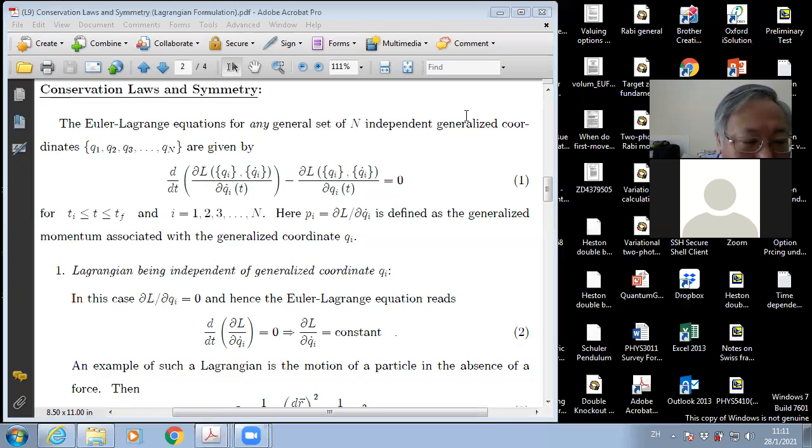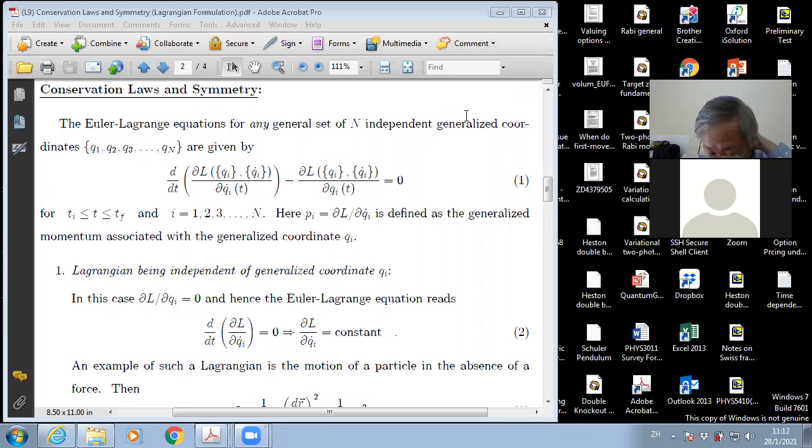So write down the Lagrangian in terms of kinetic energy and potential energy in Cartesian coordinates, and then we include all the constraints relating the different coordinates, so that only the generalized coordinates will appear in the definition of the Lagrangian.